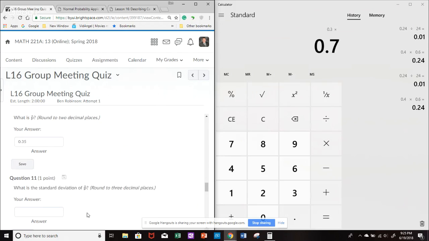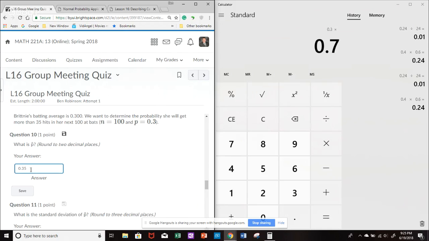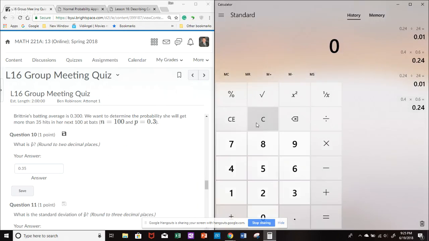So we wouldn't start with 0.3, we'd start with 0.35, right? So if you do that formula, you start with 0.35 and times it by 1 minus 0.35 if it's p hat. That would be 0.65, right? And then divide that by 100, right?